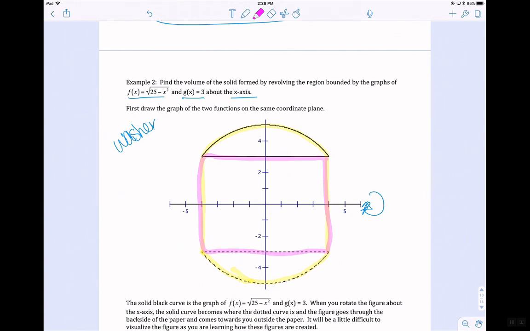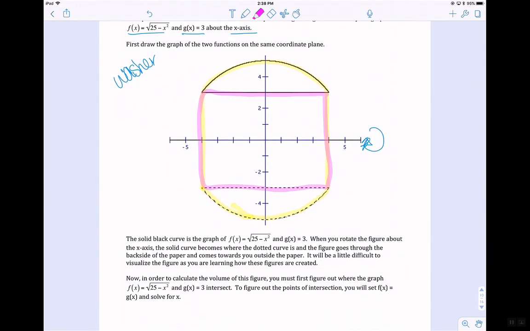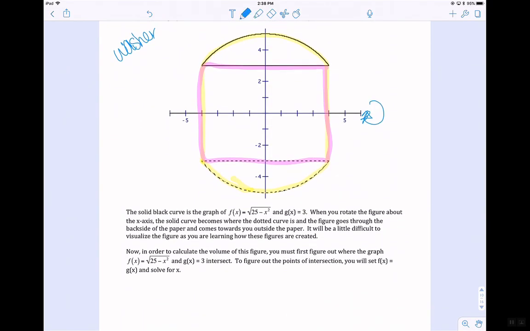First thing I need to do is I need to find my intersection points. So I do that by setting the equations equal to each other. So I have the square root of 25 minus x squared is equal to 3.